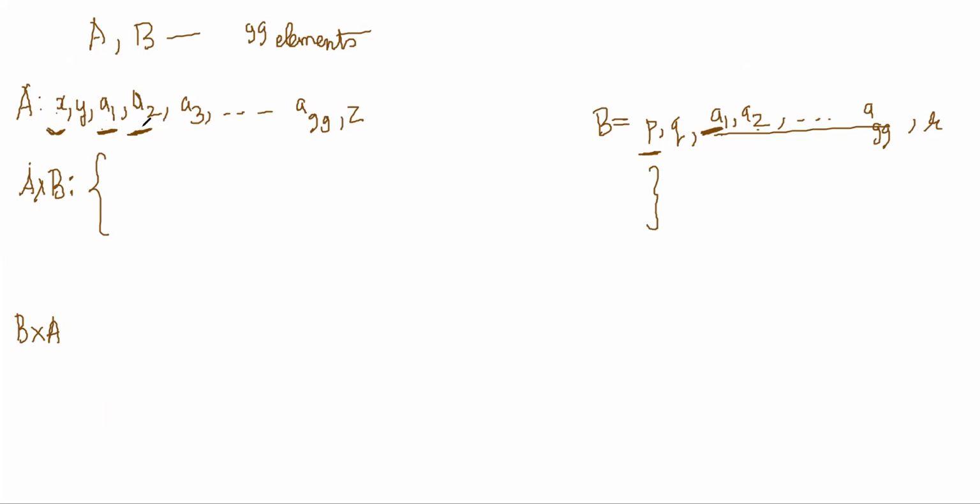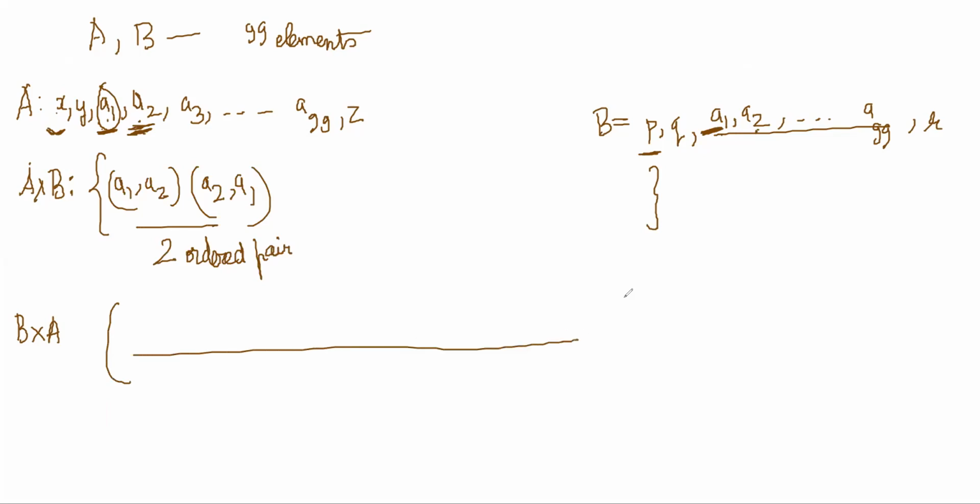So notice that A1, A2 will be there here, and A2, A1 will also be here. When you form A cross B, A1, A2 can be formed, and A2, A1 can be formed. So each common element is giving two ordered pairs, and B cross A will also give such two ordered pairs.